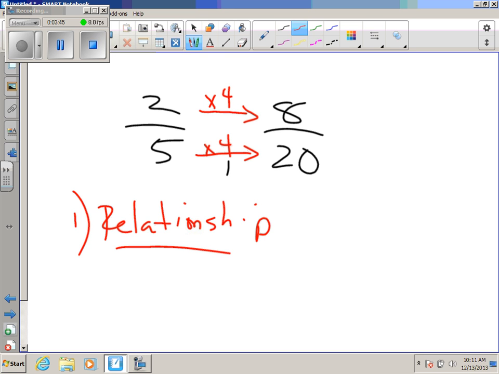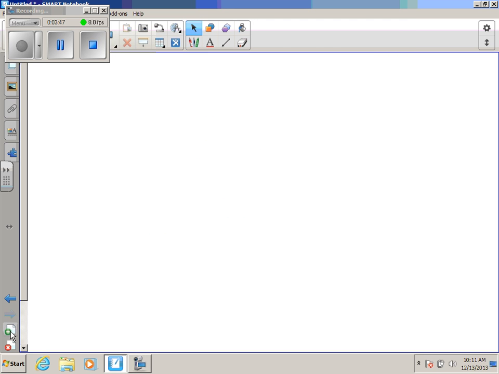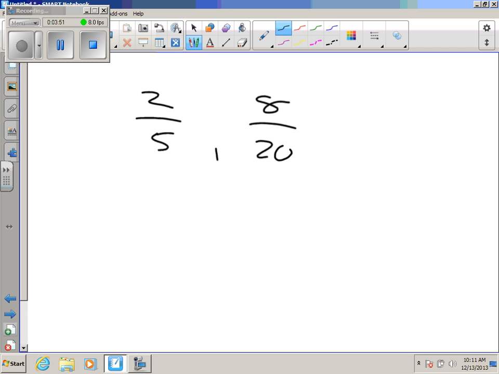Let's take again 2/5, 8/20. Another one. Simplify. Are one of these, or possibly both of them, able to be simplified? How about the 2 to 5? If we look at it like we'd look at a fraction, we've already simplified ratios. You did that in 6-1.